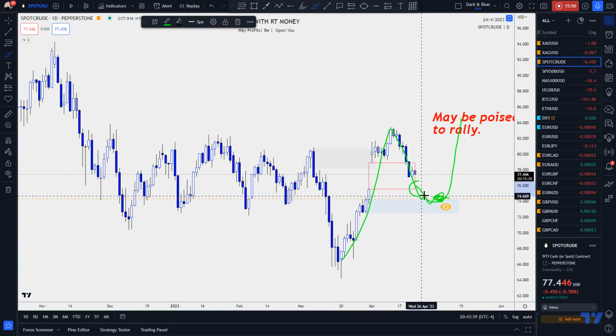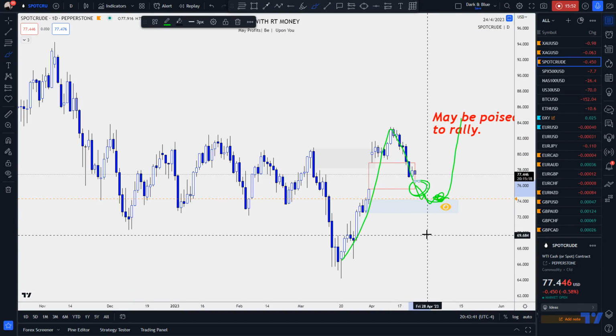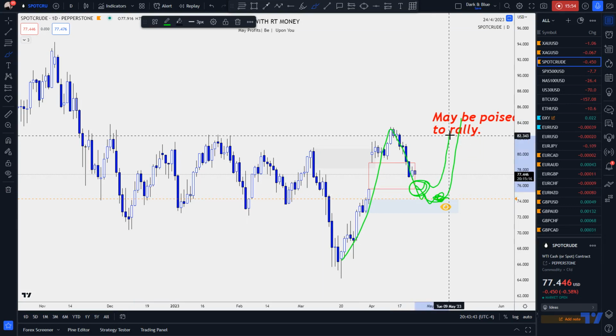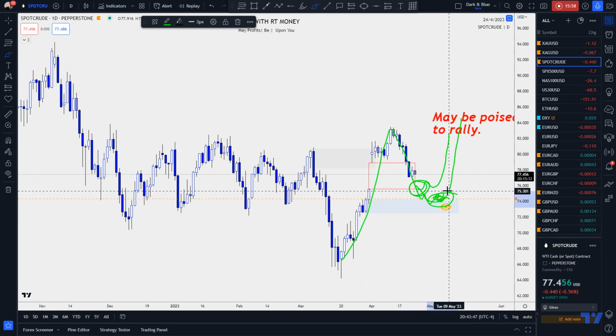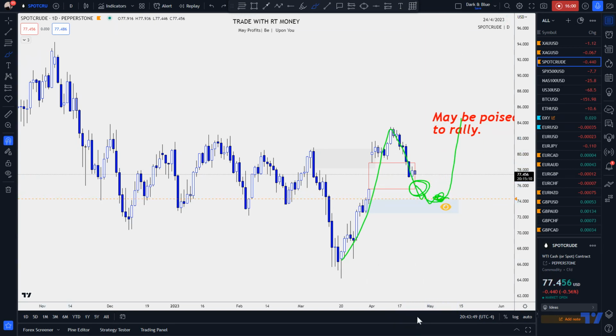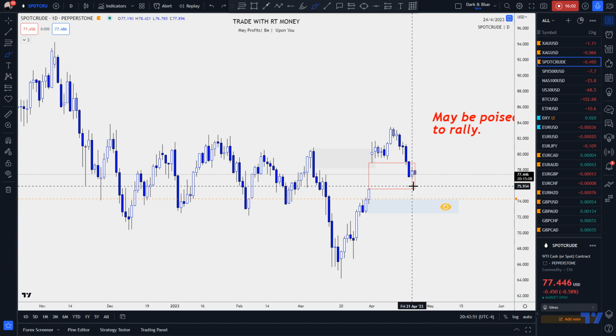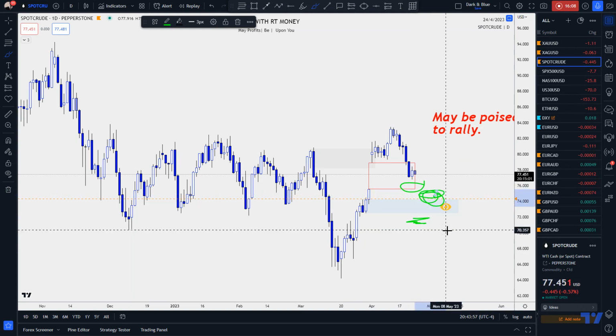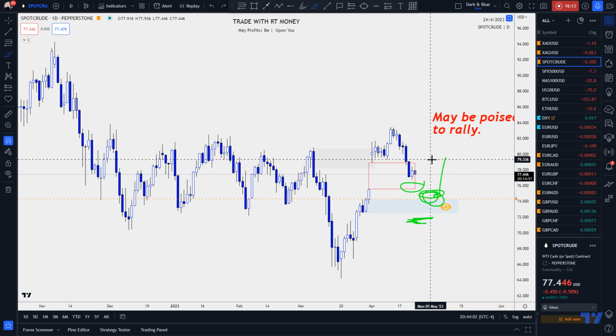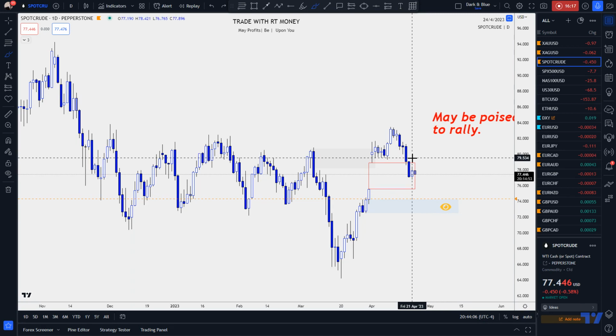This one is a conservative entry if it comes down to there to take that long position, but I would love it if it comes down to here. You understand the difference? When it's more conservative and you put your stop loss somewhere down here, or you wait for here, like I'm waiting, you put your stop loss in the same place, you have a greater run of profit, a greater profit margin. Okay.